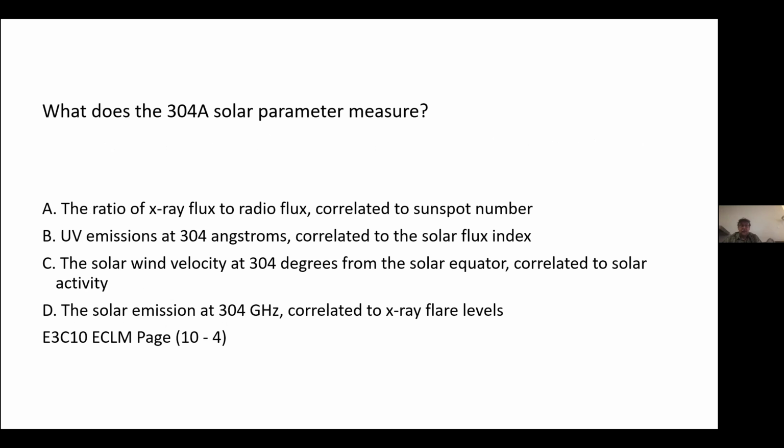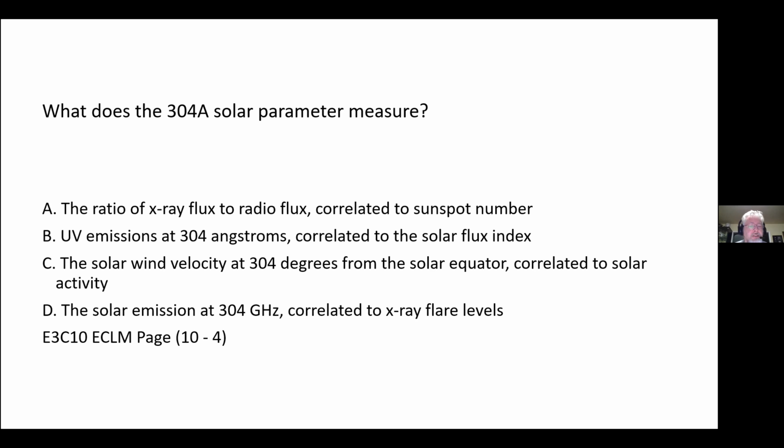What does the 304A solar parameter measure? A, the ratio of X-ray flux to radio flux correlated to sunspot number. B, UV emissions at 304 angstroms correlated to the solar flux index.